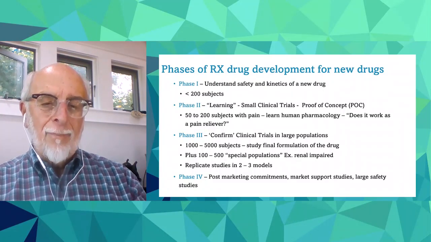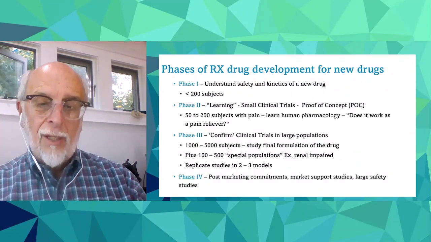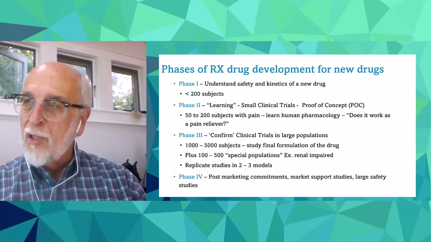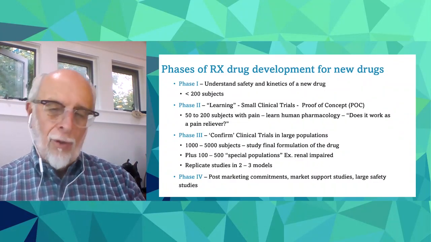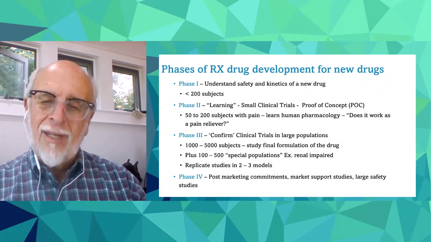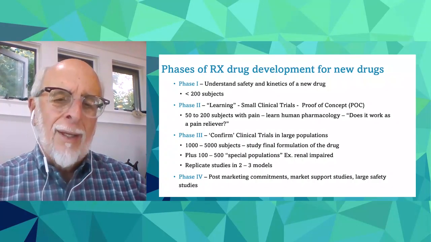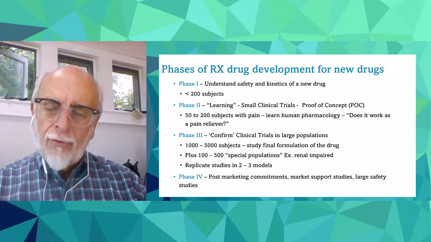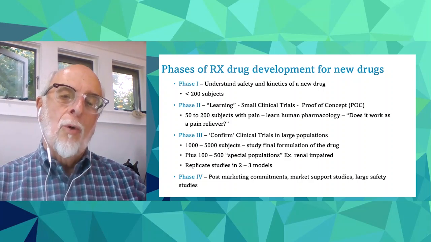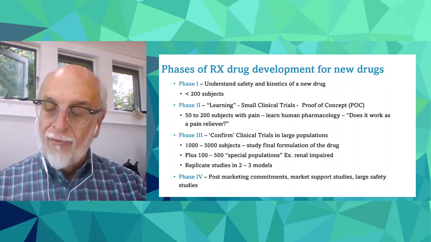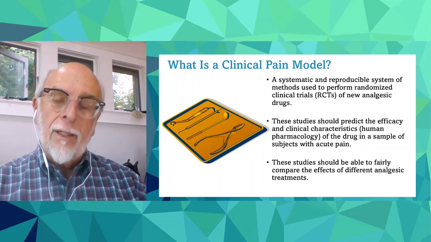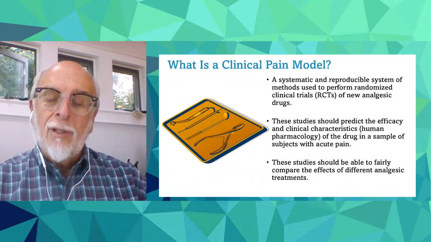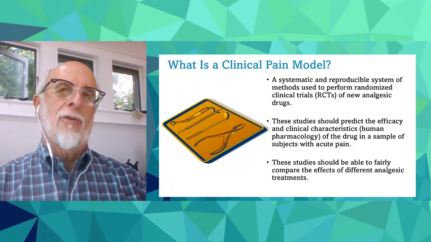And then finally, there are phase 4 studies which support marketing claims that a company wants to make about how the drug works, how fast it works, how long it lasts, how much you have to take, how it's applied, and so forth. And most of the studies I'll discuss with you were either phase 2 or phase 3 studies. They're done in a clinical model, and dental impaction is one of the clinical models which is used.